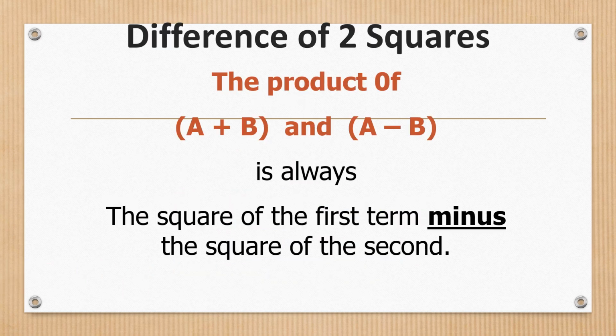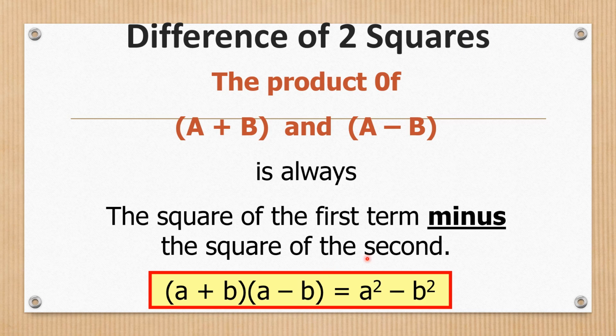Now let's have here the difference of two squares. So the product of a plus b and a minus b is always the square of the first term minus the square of the second term. All right, next, let's have this one. So we have a plus b times a minus b, that equals a squared minus b squared.